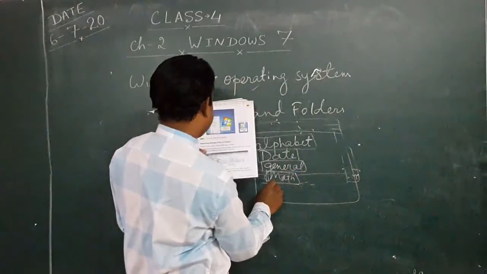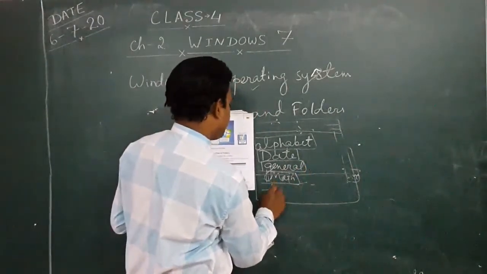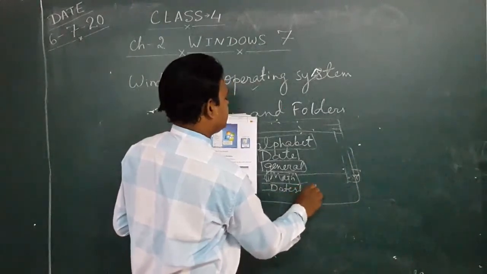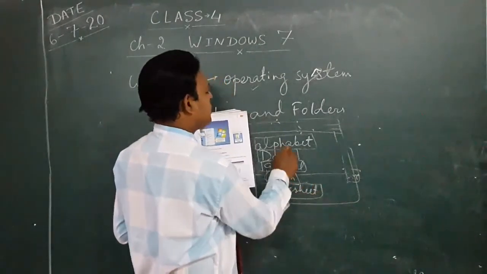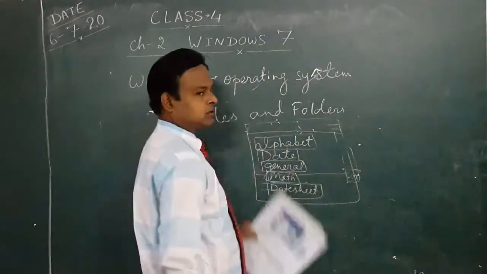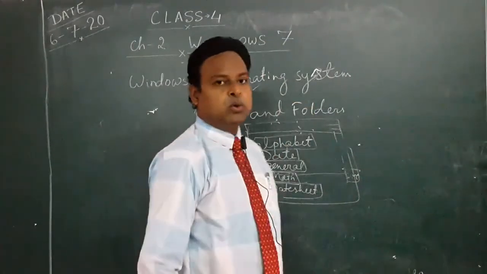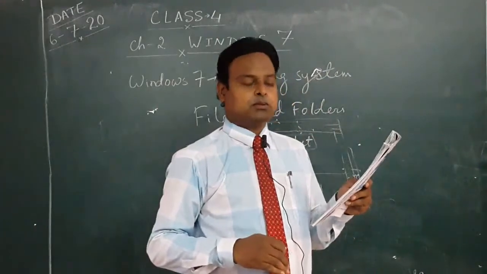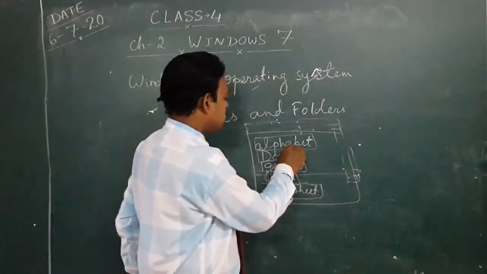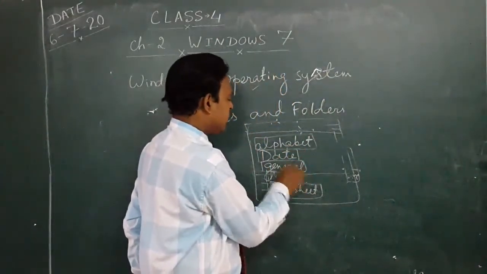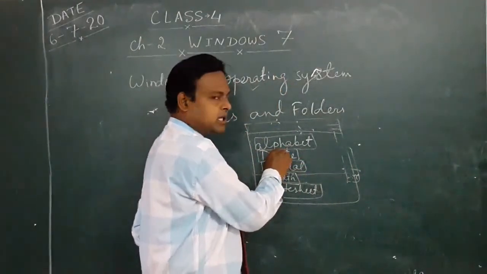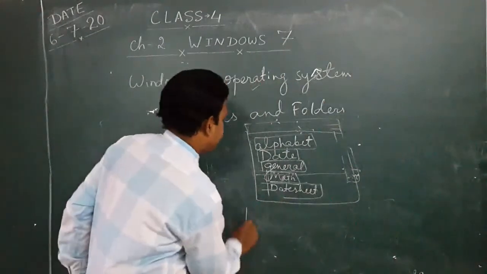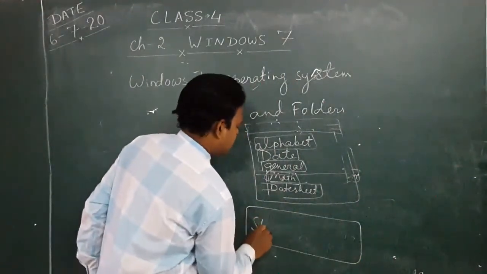Suppose one more file is here, that is your date sheet. I want to select only these three, but in a row, that means in a consecutive group. I want to select this date, general and math. What I will do, first I will click it here, then I will press the shift key.